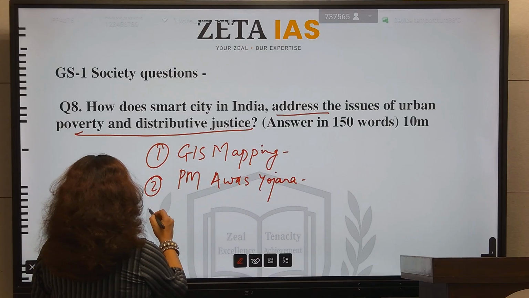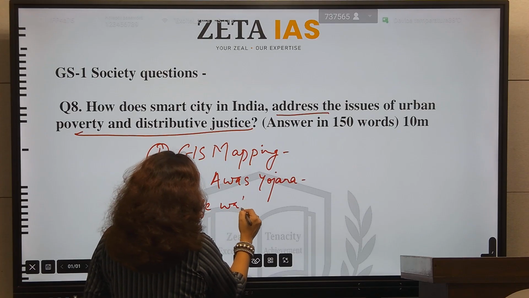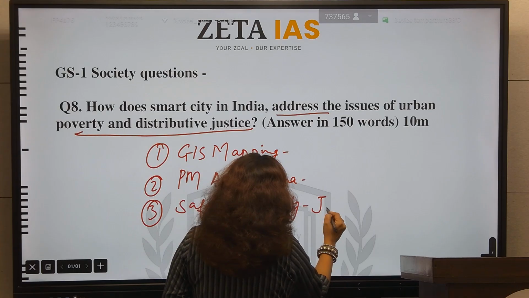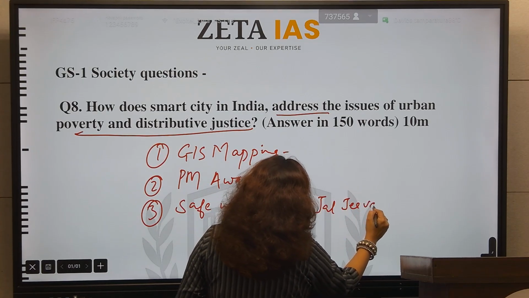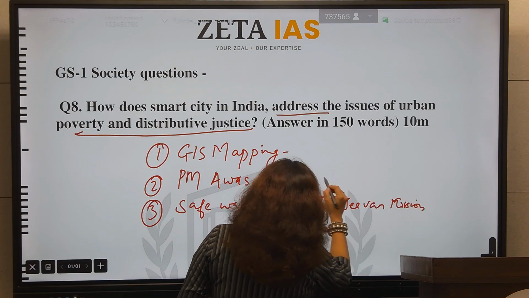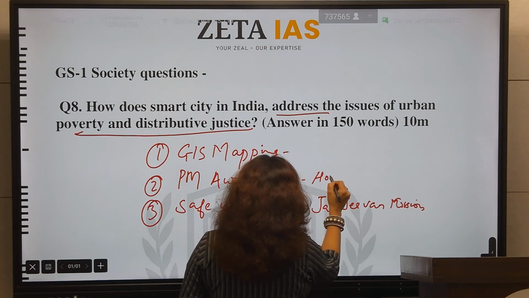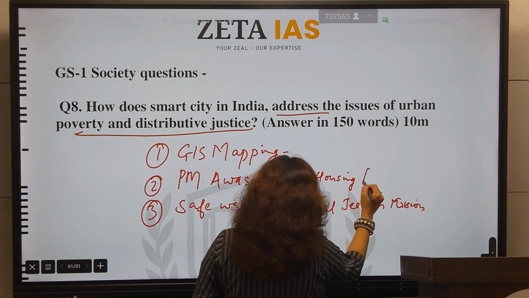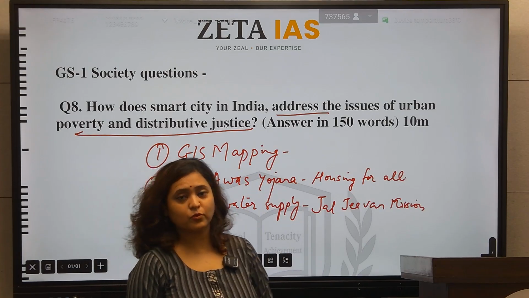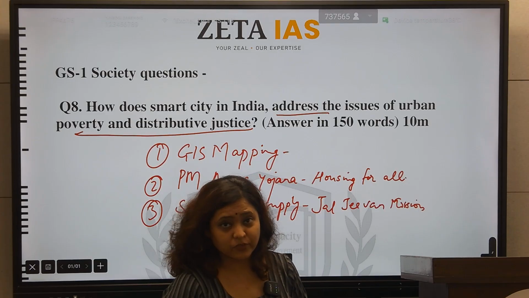Okay, the third is safe water supply. Jal Jeevan Mission, water for all, which promises tap water and housing for all. Now you know that clean drinking water is also one of the sustainable development goals.